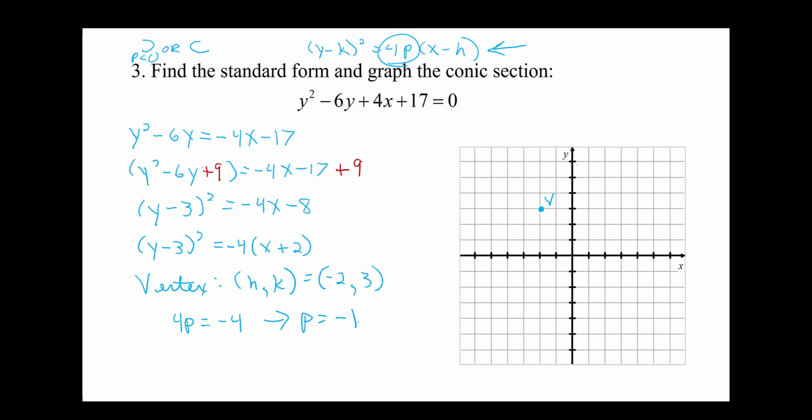And the p also tells me how far I go to the left to reach the focus. And I forgot to circle up here, we have our formula in standard form right here. Our standard form is (y minus 3) squared equals negative 4 times (x plus 2). We have our vertex. We're opening to the left because p is less than 0. We go a distance of 1 to the left, giving us a focus right here.